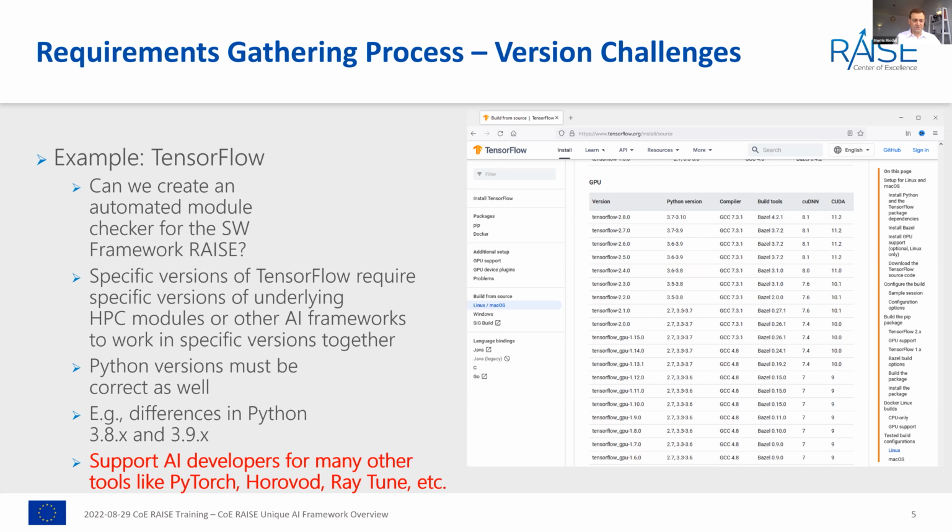And you have different versions of TensorFlow that work with different modules already in the HPC system and need to be in specific versions, maybe based on Python. So here we had seen differences, for instance, moving from Python 3.8 to 3.9. It causes huge differences in the module loads, in things that really worked as before. And maybe it was just 1 week ago when you tried this, just because it was a new Python version. So here we saw the same challenge.